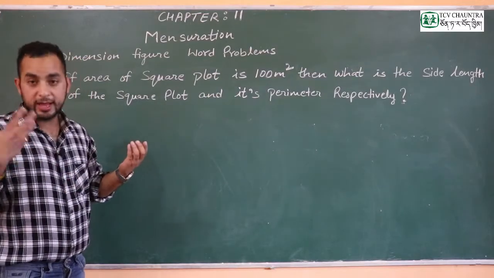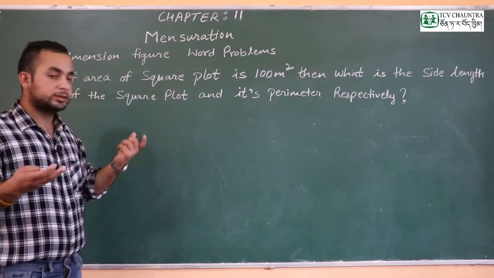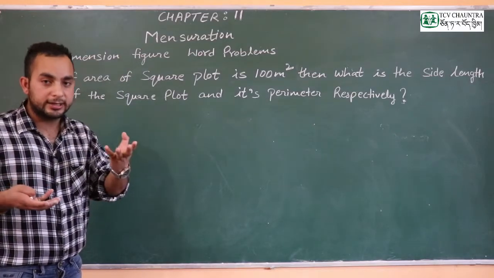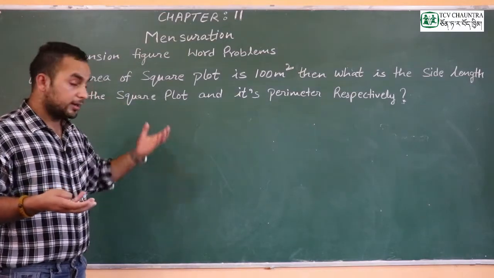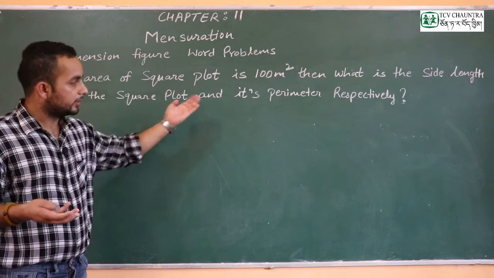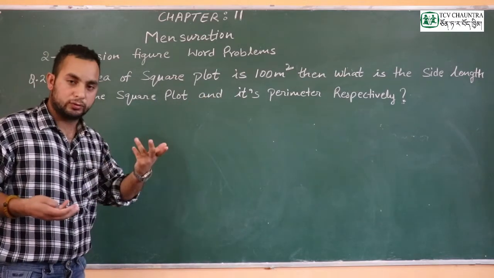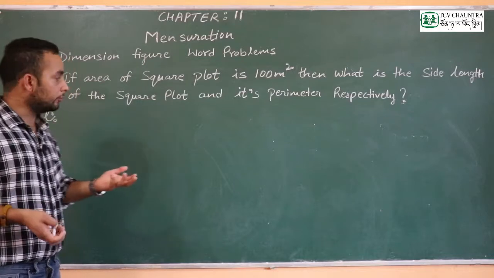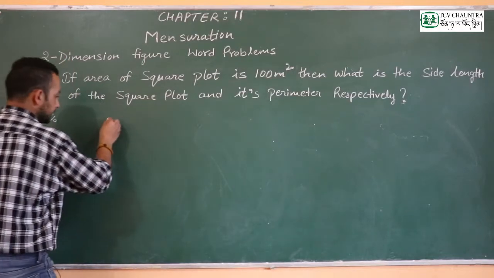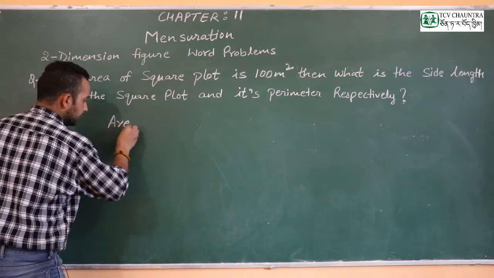First the side length, and after that we are going to find the perimeter of the square. Okay class, now you're going to solve this question.